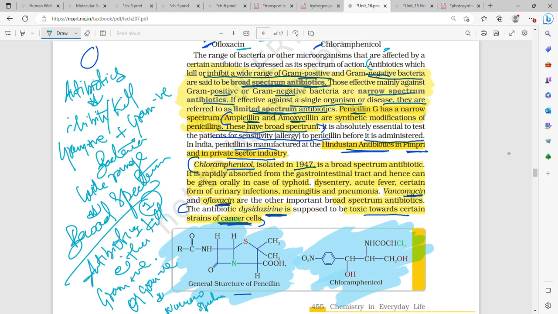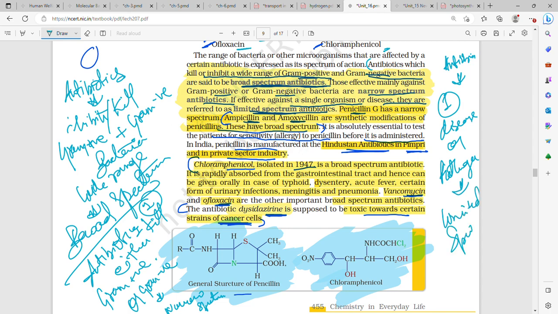And if, within narrow spectrum, that antibiotic is used only for one particular disease or pathogen, then it is called a limited spectrum antibiotic.